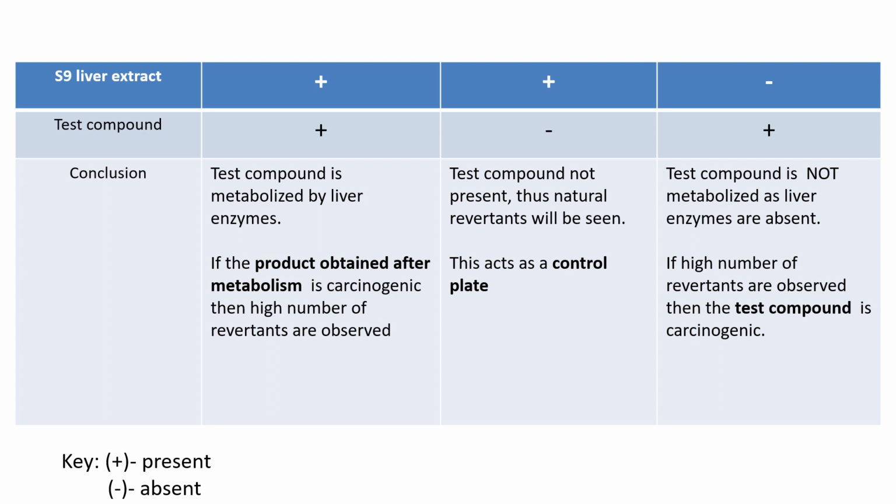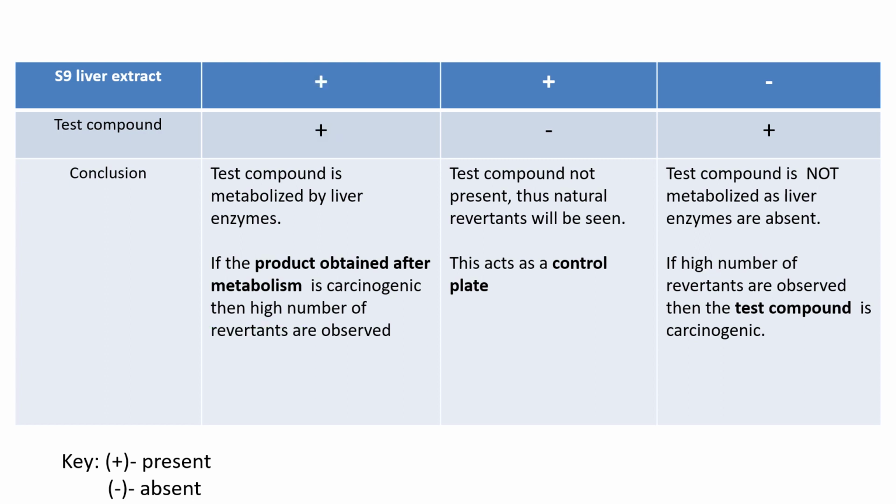Now consider this first example wherein you are adding the liver extract as well as the test compound. Since both are present, the test compound will get metabolized by the liver enzymes and you will obtain the metabolic products. If the products obtained after metabolism are carcinogenic, you will get a high number of colonies, that is, a high number of revertants.